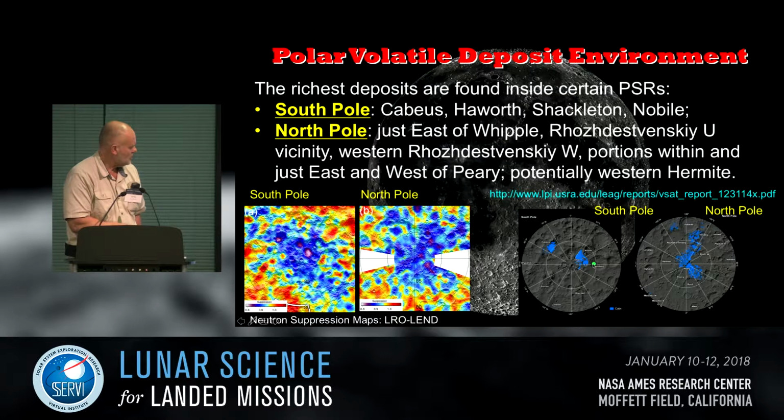And you can see down here, this gives us an overlay of the South Pole and the North Pole, and I'll go into the parameters a bit of how they came up with those overlays, but the blue represents the areas of interest. And you can see in the South Polar region, Amundsen, based upon the criteria that we used, did not stand out. But you can play with them, and if you go down, as James said, to 125 ppm, you actually start to see a lot more areas that are interesting.